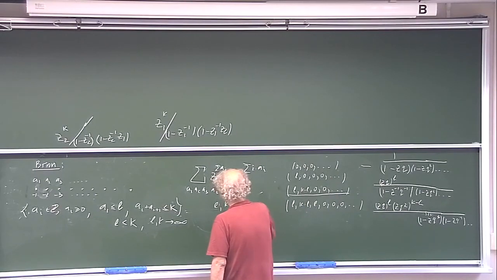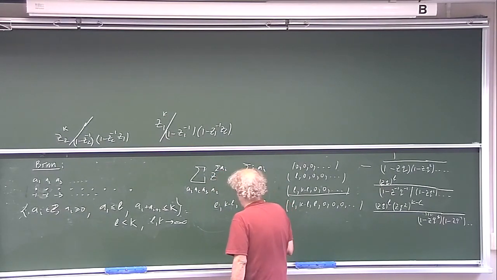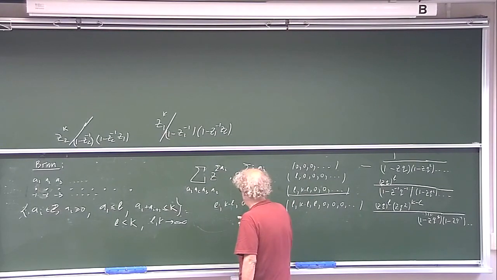L, k minus L, 0, 0, 0, 0. So in this case, surely what I can do, I can subtract something from here.